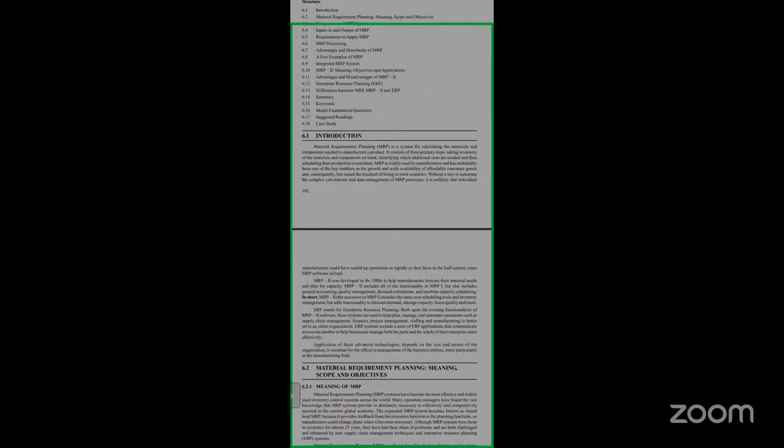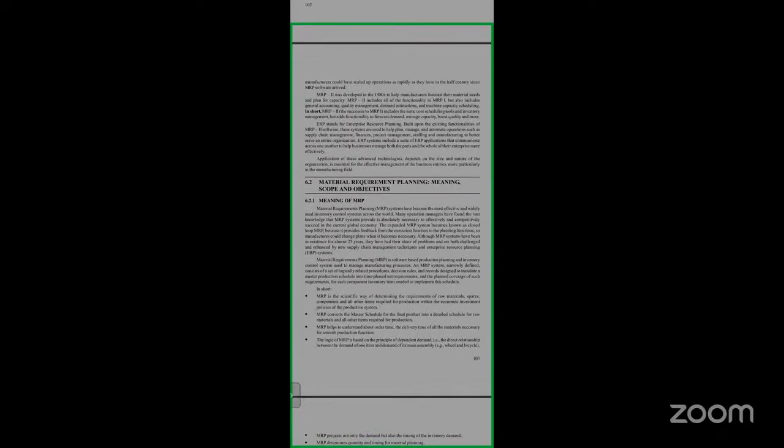In short, MRP2, manufacturing resource planning, we are talking. So it includes some core scheduling tools and inventory management, but adds functionality to forecast demand, manage capacity, boost quality, and more.